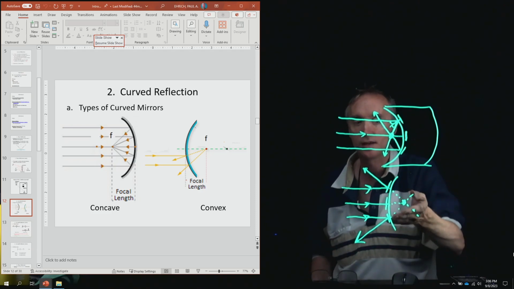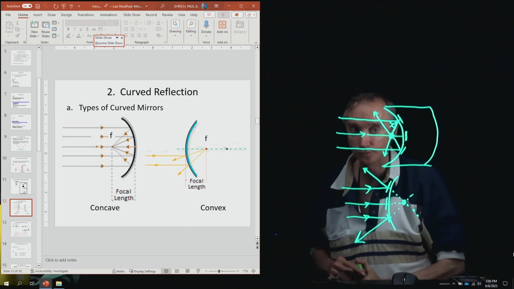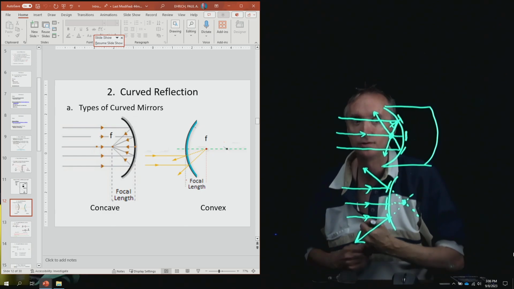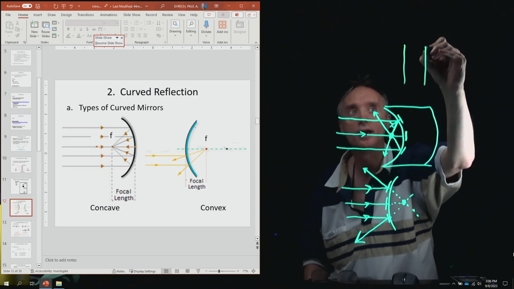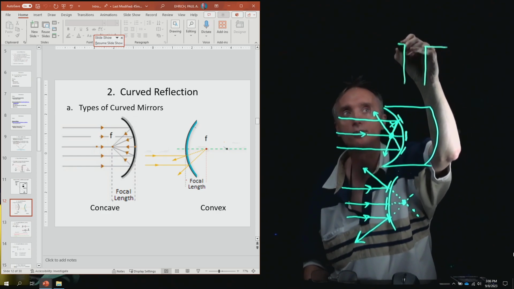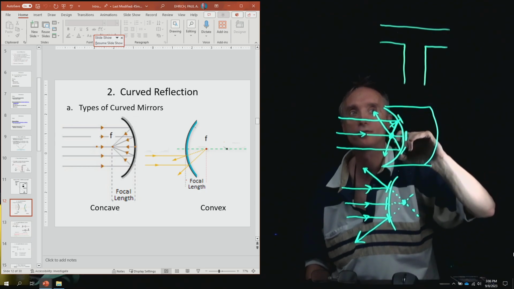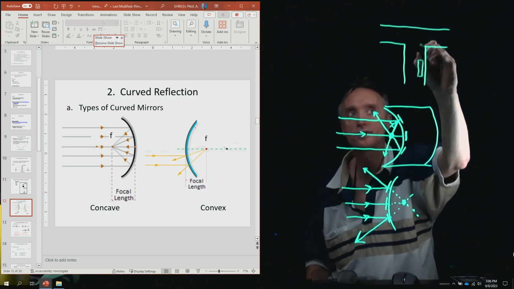So what would be an example of where a convex mirror would be used? Think about a hospital. Let's pretend here's the hallway, and you are going to come up to an intersection like this, and let's say that you're an orderly and you are pushing some poor person on a cart in this direction.